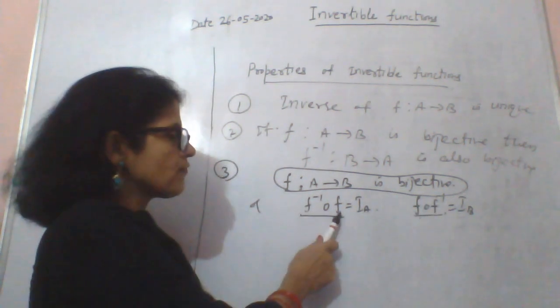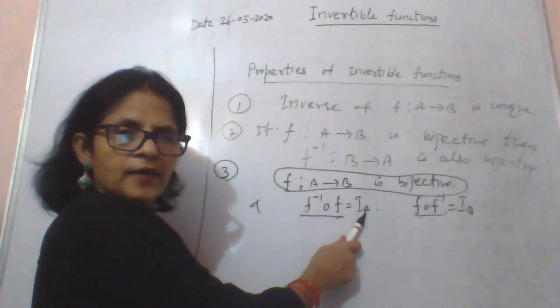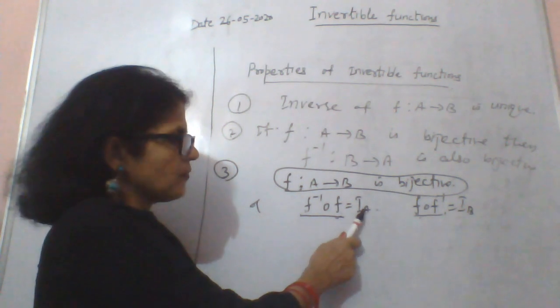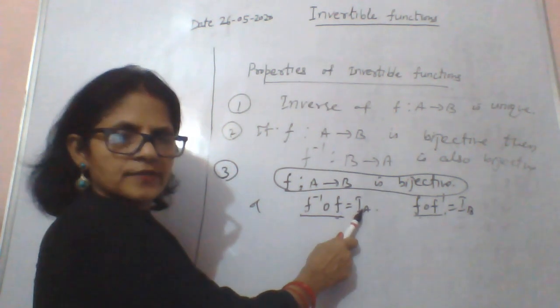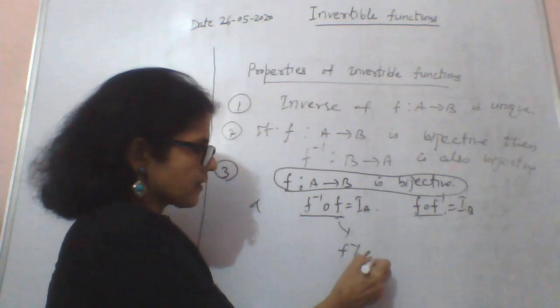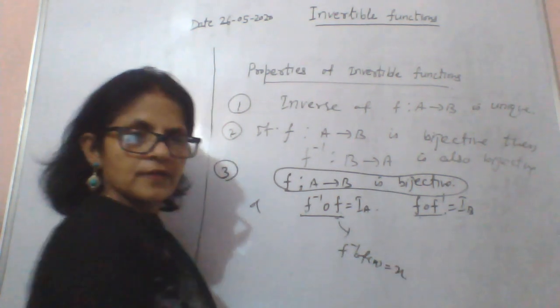F inverse of f equals I A, which means identity function on A. So it should be f inverse of f of x equals x.